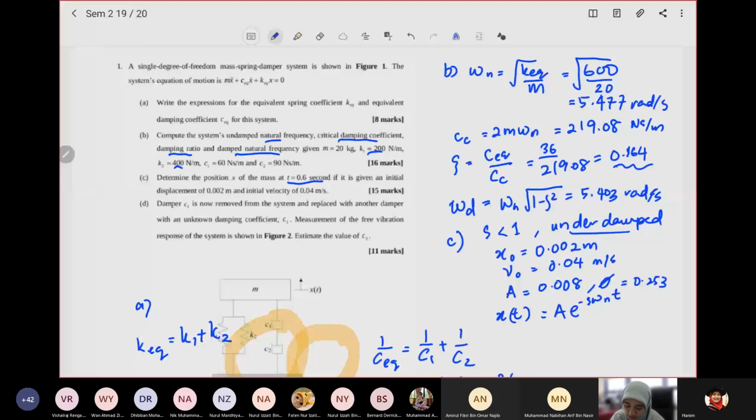So you have to substitute everything, and your t will be 0.6 second. Then you have your sine omega d t plus phi. It's all about substituting, and then you should get negative 0.0016 meter.